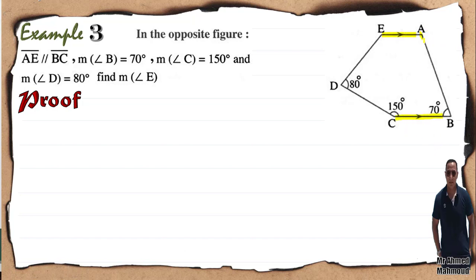The transversal connecting between them makes the letter U. So angle A and angle B together make 180 degrees because they are two interior angles. So angle A is 180 minus 70 equals 110 degrees. So first I'm going to start with, since AE is parallel to BC.